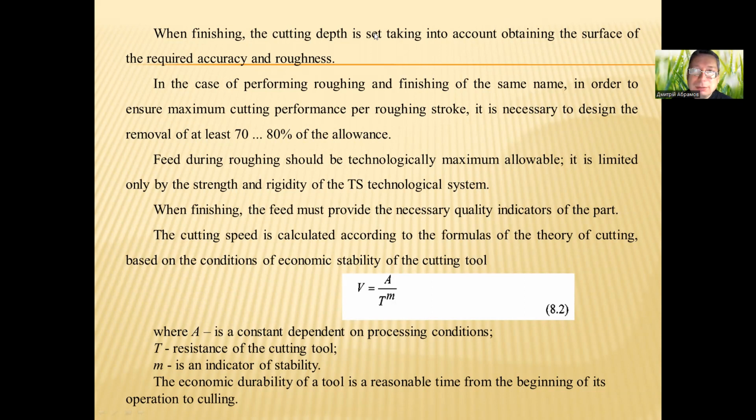In this formula, A is a constant depending on processing conditions. T is the resistance of the cutting tool. M is an indicator of stability.